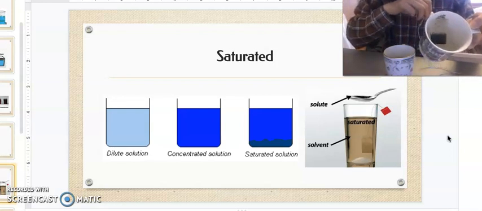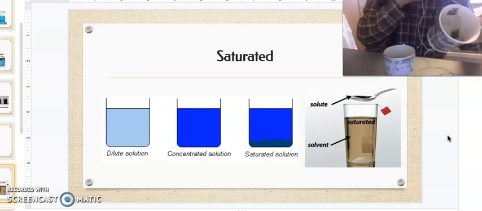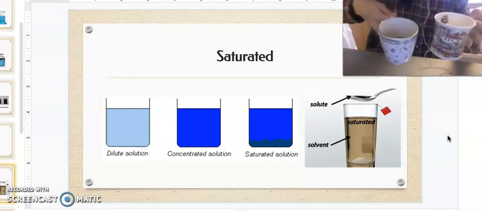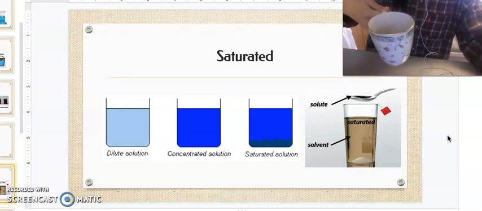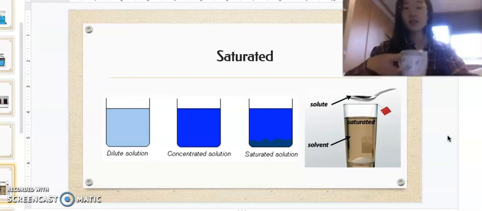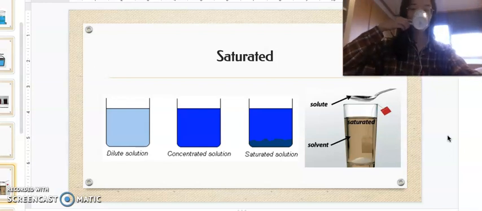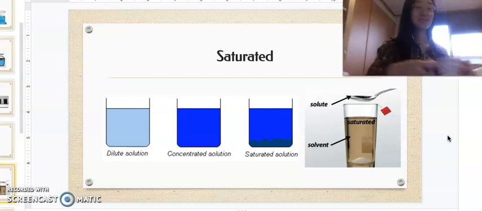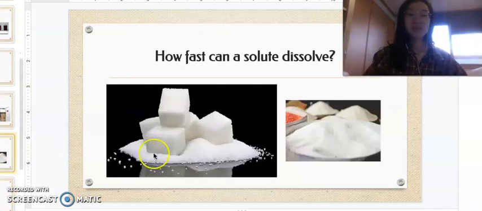You see how it's really clear? So this is diluted and this is concentrated. Actually, it's so concentrated that it's saturated now. Yeah, that's extremely saturated. Wow. Okay, I hope that makes sense.